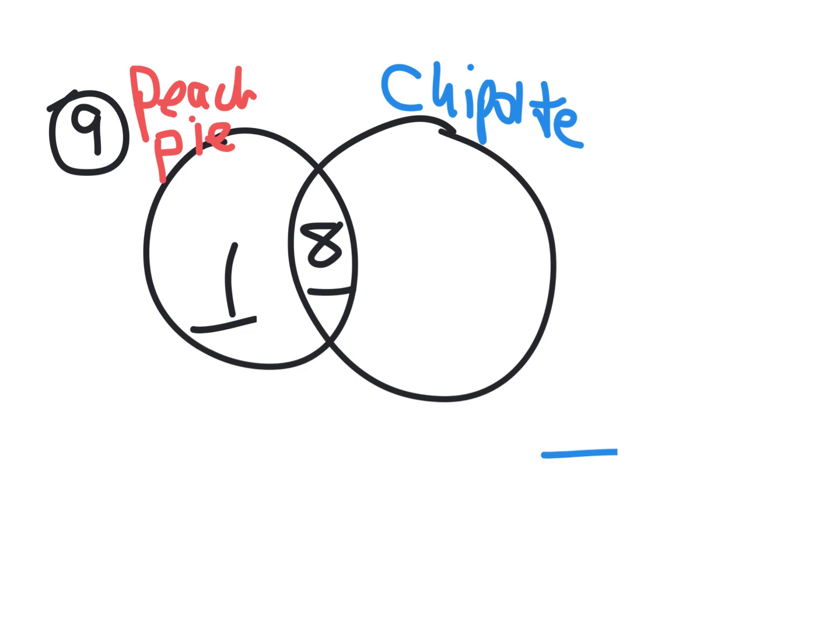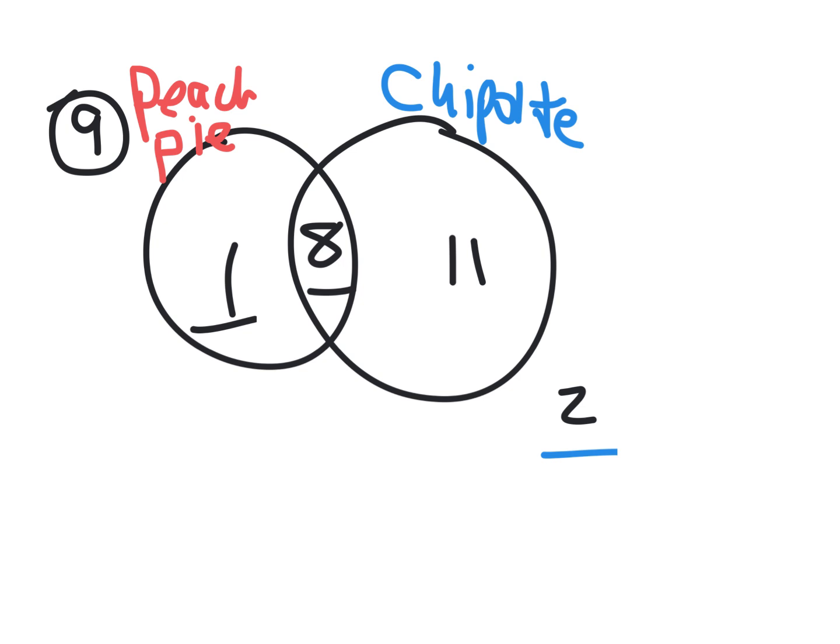Now, who likes Chipotle in the room? Who likes Chipotle but would not want any peach pie? I'm going to pass on the peach pie. But you like Chipotle. 1, 2, 3, 4, 5, 6, 7, 8, 9, 10, 11. 11. All right. And I'm going to just say that there were 2 kids that never answered, so I'm going to put a 2 there.